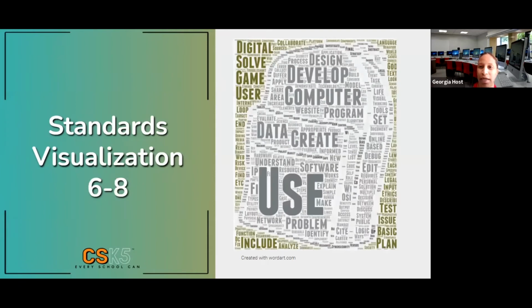And then 6 through 8, you'll start seeing some of those same words: develop, design. This one you get into websites, digital, game, user, loops. You get into some of the words for programming in the back end of using the computer or some type of technology.